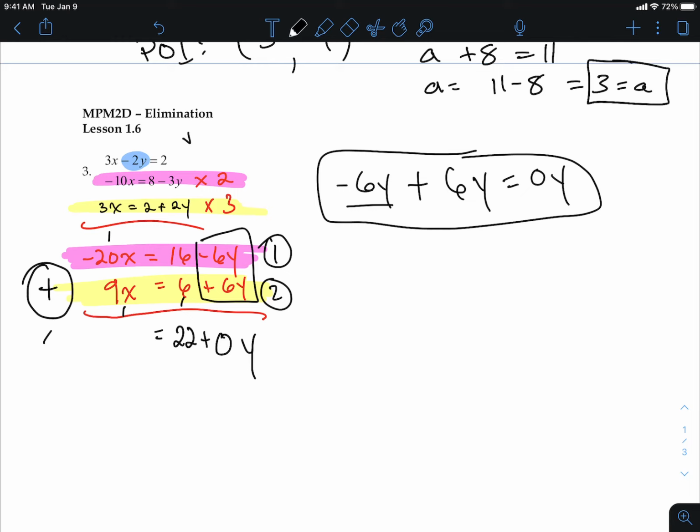The equal signs carry down too, right? Negative 20 plus 9 is going to be negative 11x.